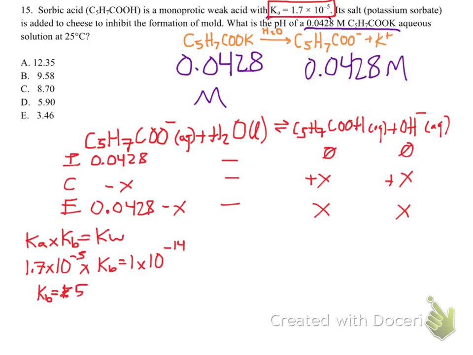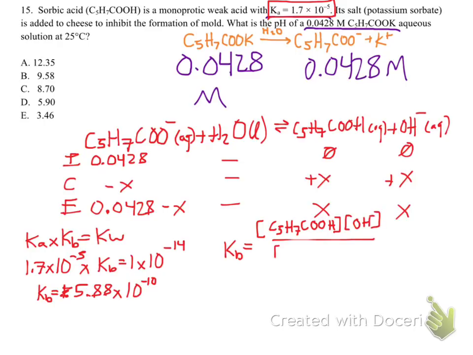So solving for Kb, it's equal to 5.88 times 10 to the negative 10th. And now we have everything we need to set up our equilibrium expression. So Kb is going to equal our concentration of products, C5H7COOH times hydroxide, OH-, all divided by C5H7COO-.